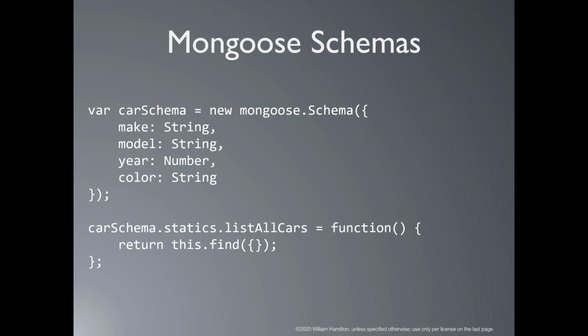I can also add static functions to these schemas, which basically provide functionality for saving the queries that I would want to do on that particular collection. So if I wanted to find all the cars in my collection, I can set up a static function for this schema that is simply the select star, or this.find, which will find all of them. But I could do other things like doing a query by year, or by make or model, those kinds of things in here.